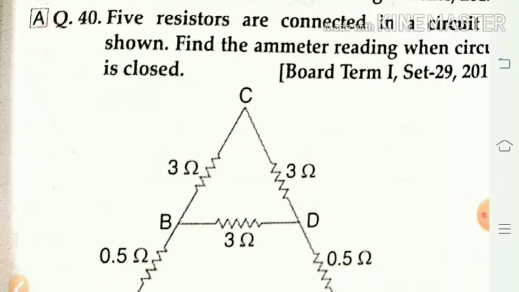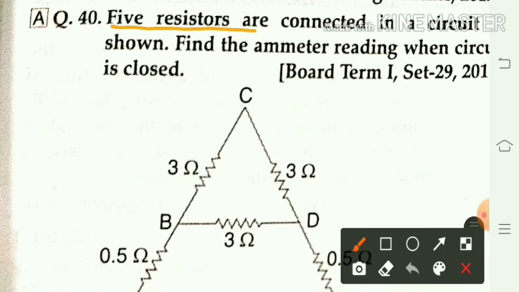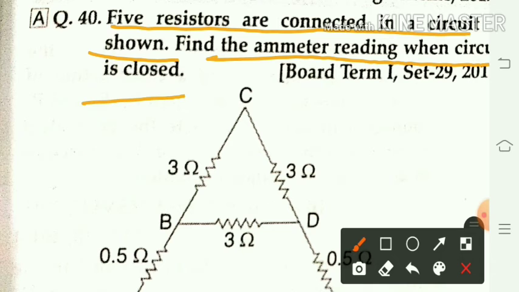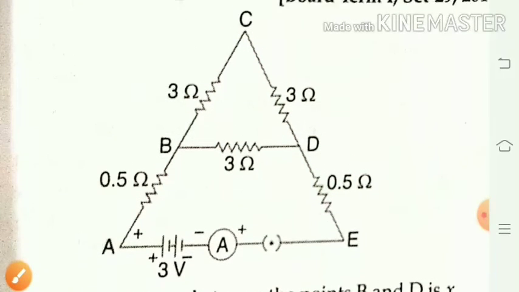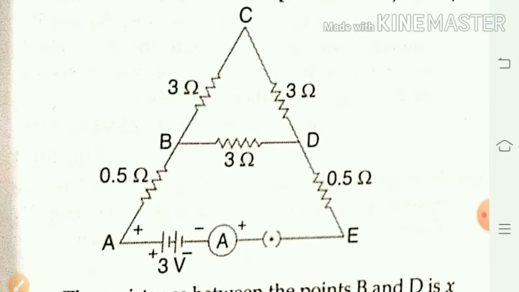5 resistors are connected in a circuit as shown in the diagram. Find the ammeter reading when the circuit is closed. Now we will see this diagram, ACE. In this ACE diagram, on the AC side, 0.5 ohm and 3 ohm resistors are in series.